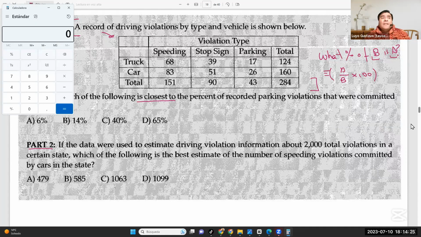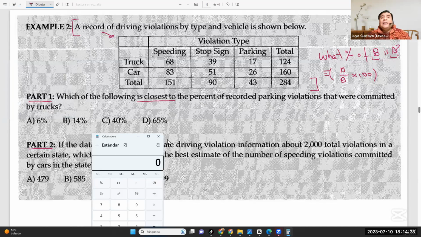Take a look. First, let's identify terms in the question. Which of the following is closest to the percent of recorded parking violations that were committed by trucks? If you first identify the number of recorded parking violations in total, what is this?